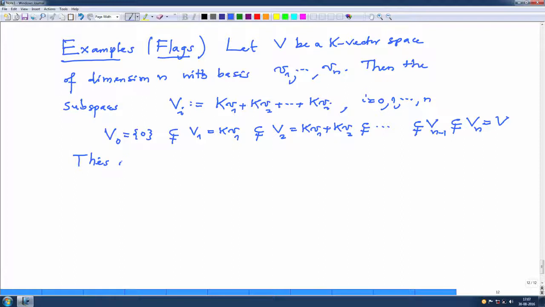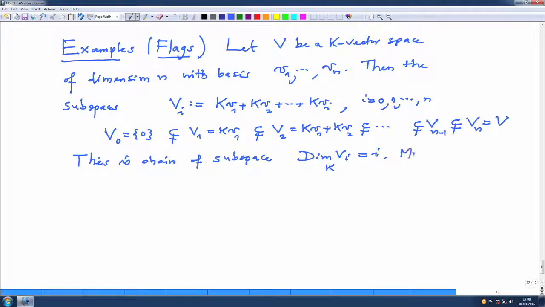This is a chain of subspaces, and at each stage the dimension of Vi is precisely i. This is an ascending chain. At each i the subspace has dimension i, and this is a maximal chain.